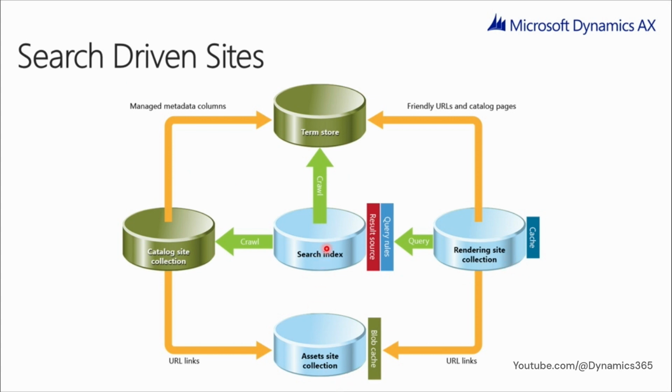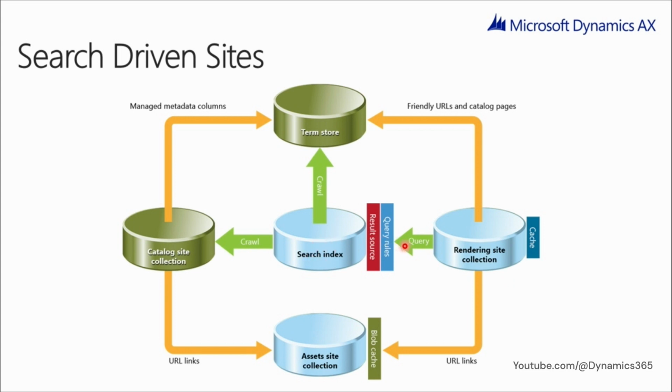The main thing is crawling the data from the catalog site collection and holding it in the search index, with the term store populated with the navigational structure, and the rendering site collection having the queries ready to connect to the search index and get the data.